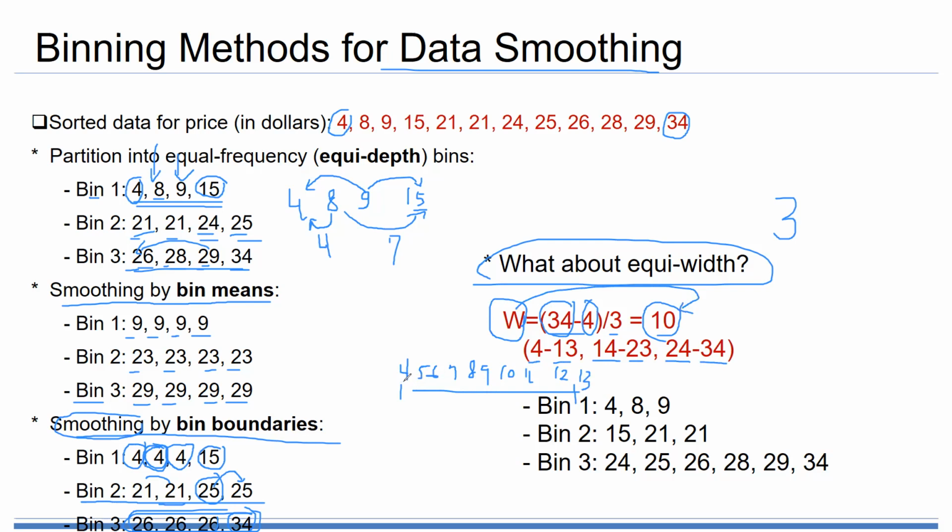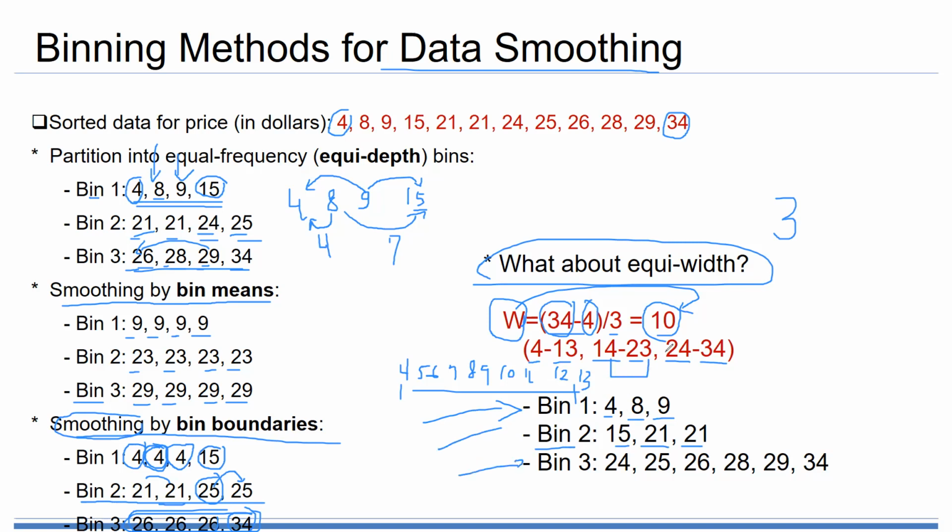Every number between 4 and 13 will be in bin number 1, so 8 and 9 will be in bin number 1. Any number between 14 and 23 will be in bin number 2, so 15 and 21 will be in bin number 2.